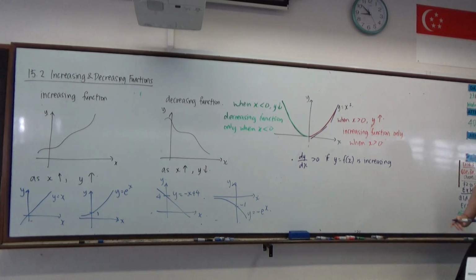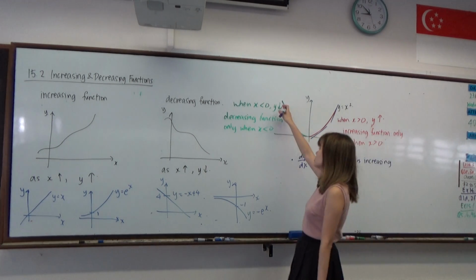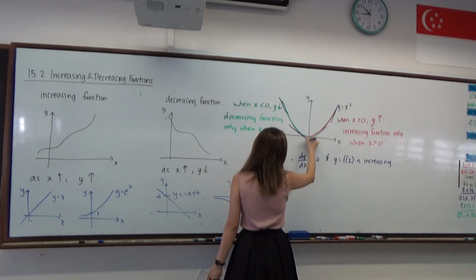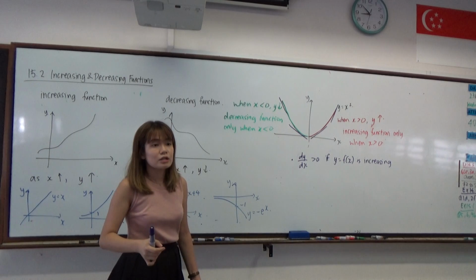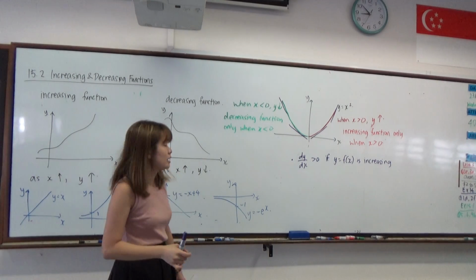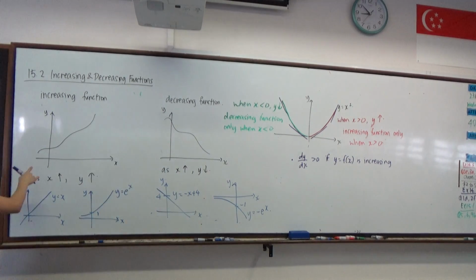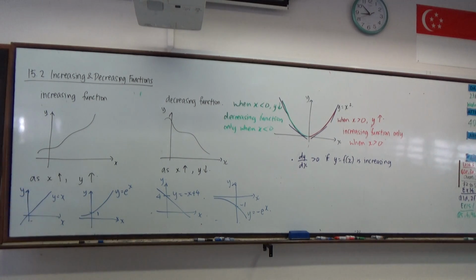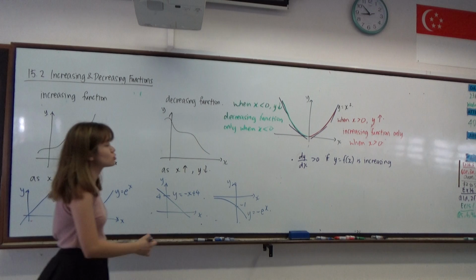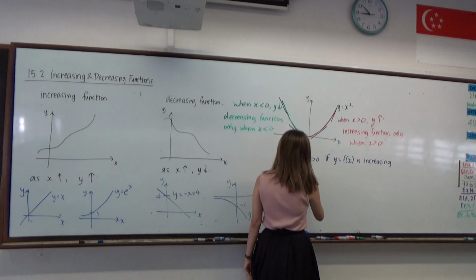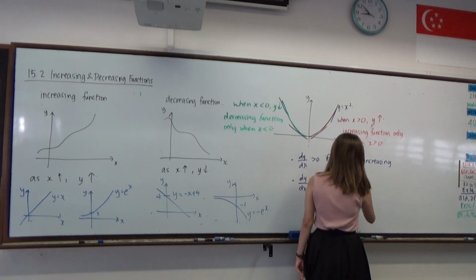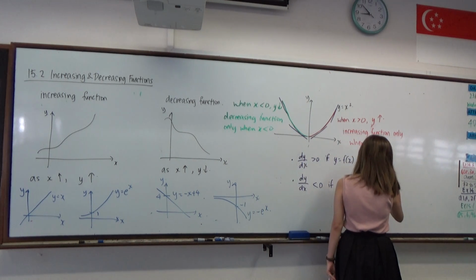And then if you notice how the tangents are in the decreasing part of the function, the gradients will always be negative. You can try to look at the gradients of the tangents that we draw for these functions. This will always hold true. So dy over dx is less than 0 if y equals f(x) is decreasing.